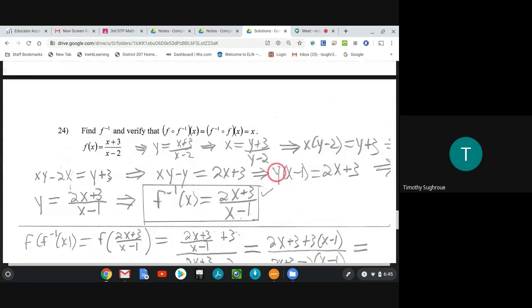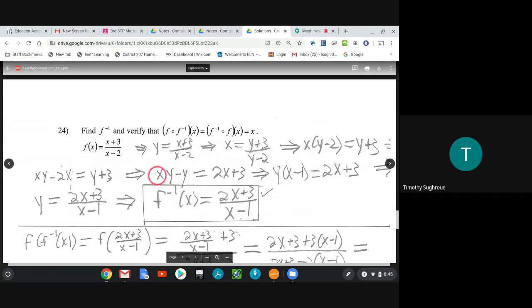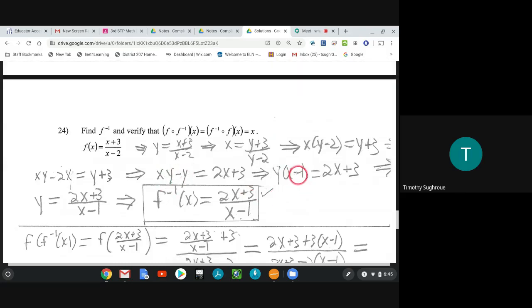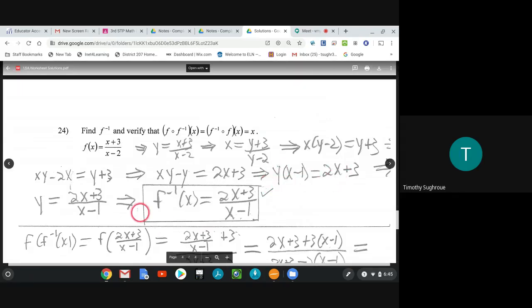When I factor out this greatest common factor, I'm left with x minus 1. Remember, I'm just undistributing the y to get y times x minus 1. And if I want to get y by itself, I'm going to divide both sides by x minus 1. There it is: 2x plus 3 over x minus 1. That is my inverse function.